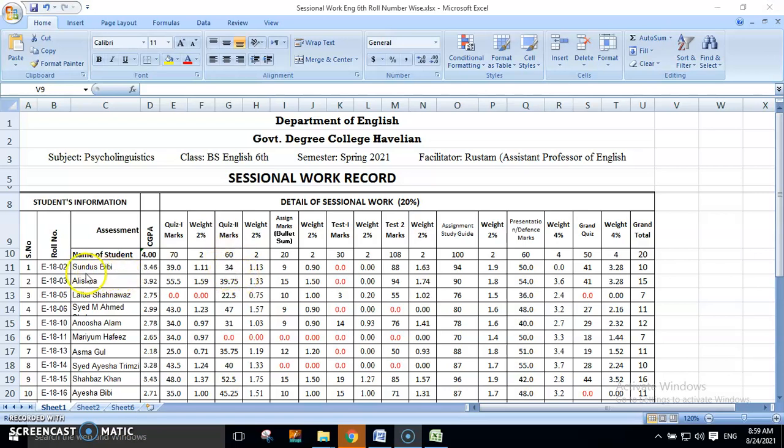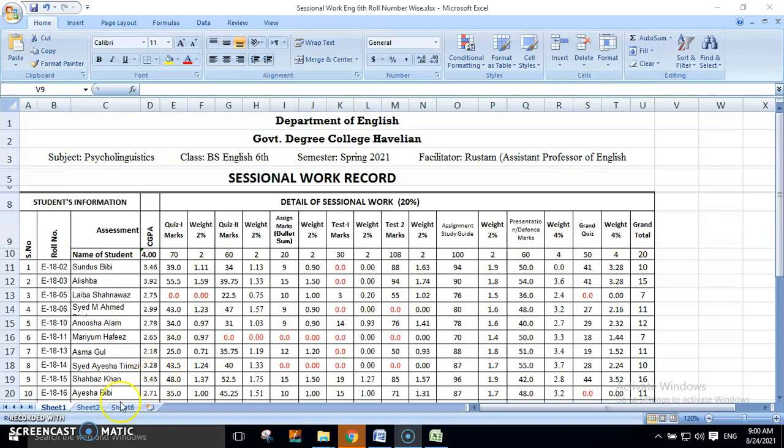This student got 34 marks, so its weight was 2%. This way I broke up 20% marks into a number of quizzes, assignments, presentation, etc.